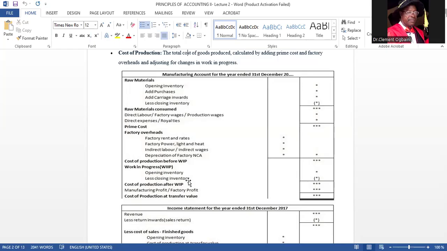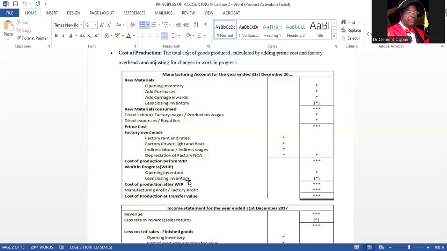Remember, I said that the ones that are direct, when we have them together, they give us our prime cost. The ones that are indirect, like indirect material, which we cannot trace to unit produced, indirect labor, which we cannot trace to unit produced, and indirect expenses, all these we add up and we call them factory overhead.